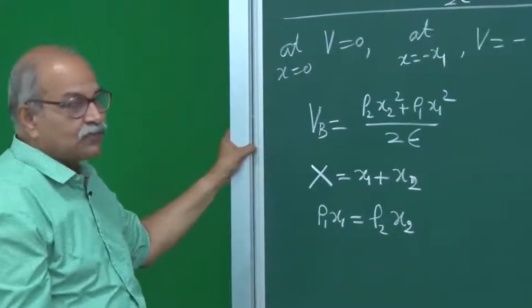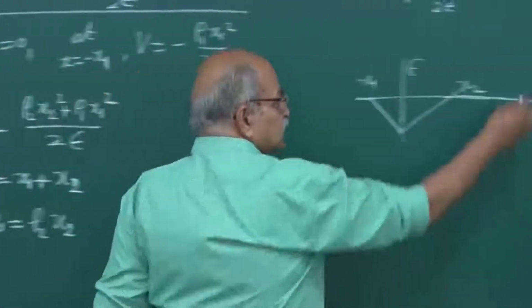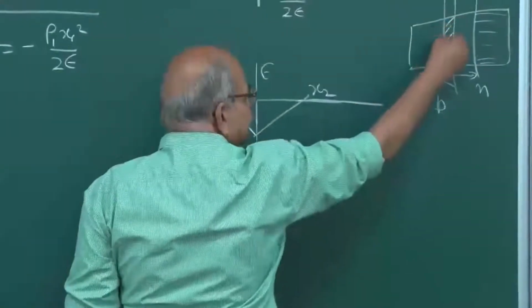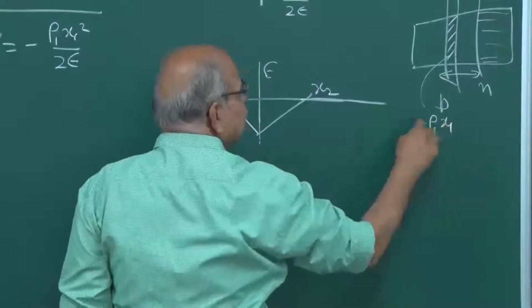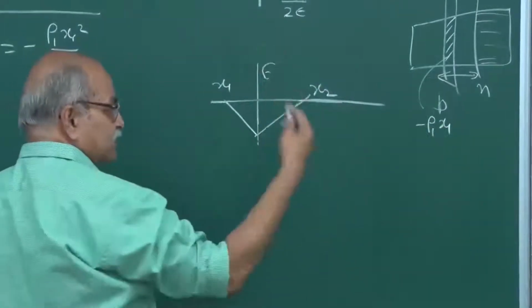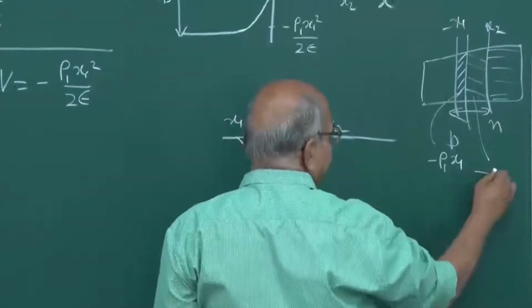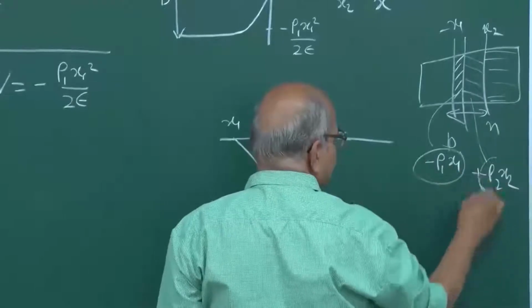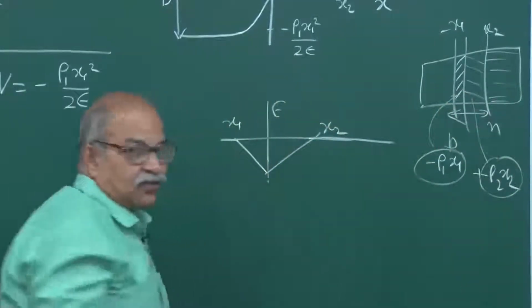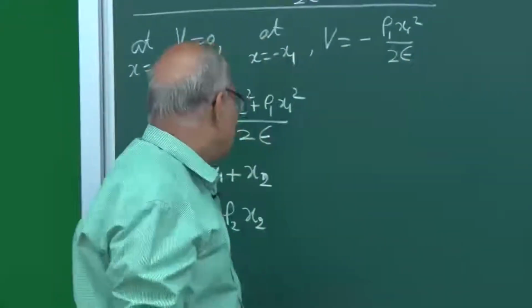Charge neutrality, rho 1 x1 should be equal to rho 2 x2, because the charge here is minus rho 1 times x1 times the area of cross section, and the charge which is here will be similarly plus rho 2 x2. And since this total should be 0, after all we have not put any charge in this material, so this relation holds.